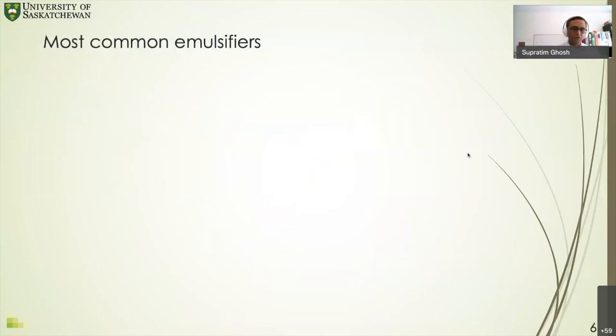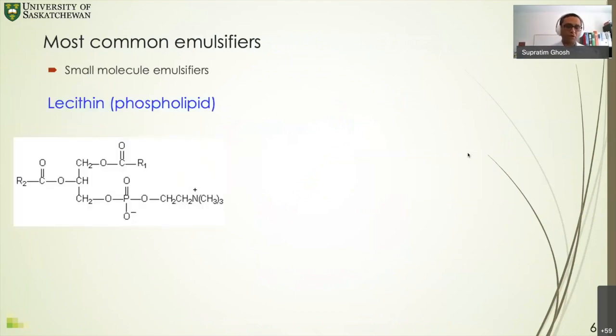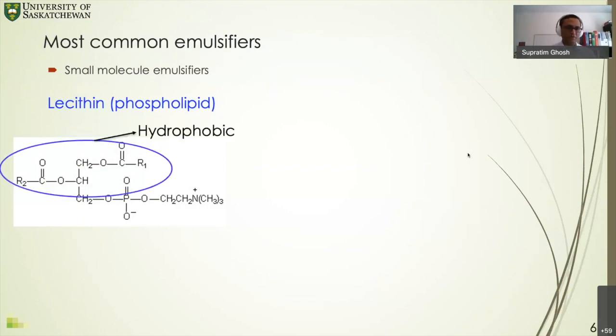So this is like a standard emulsifier. Mostly we call them small molecule emulsifiers. Some prominent examples of food grade emulsifiers that are used in our daily food supplies: lecithin, where you have the hydrophobic part of the triglyceride, and then you have the phosphatidylcholine part, the phosphate group. That's the hydrophilic part.